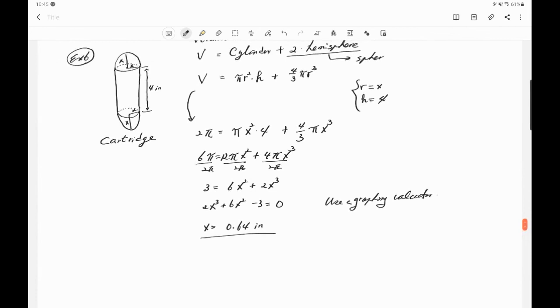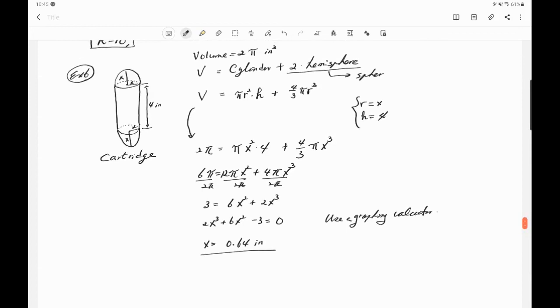So what we did is just write an equation depending on the given information. And then plug this equation into the graphing calculator and get the zeros of the function.